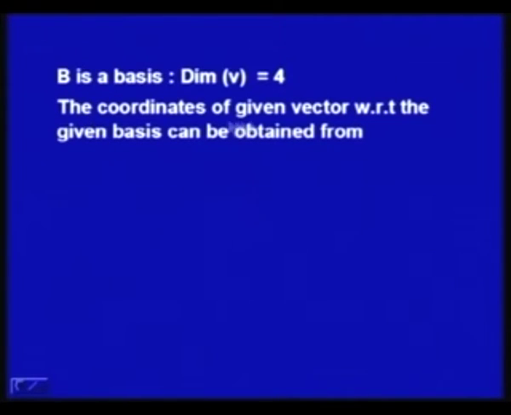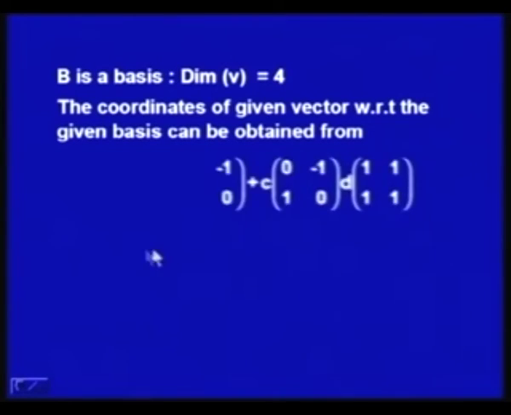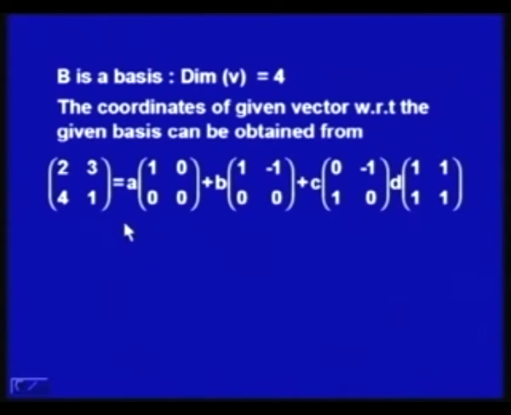Now, the coordinates of a given vector with respect to the given basis can be obtained from this relationship: (2, 3, 4, 1) equals A times the first vector given to us, plus B times the second vector, C times the third vector, and D times the fourth vector.